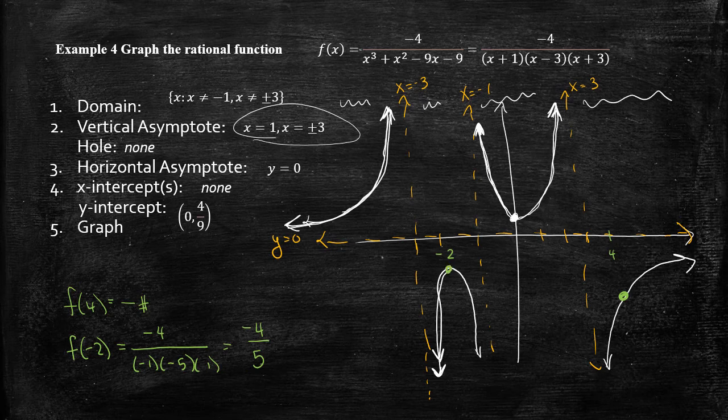That fits because my function value here is below the x-axis. From there we can't go across the x-axis because there are no x-intercepts, so both of these portions of the graph have to be going down towards those asymptotes. Good. You could even do another one, -4 here, and double check that f of -4 is in fact a positive number this time because the function value is above the x-axis.